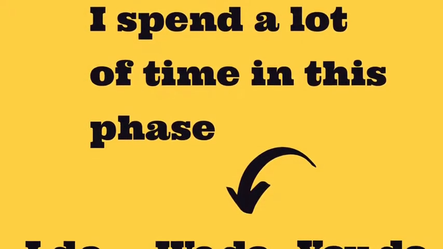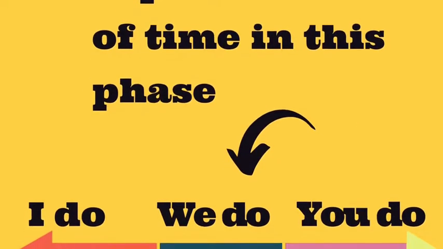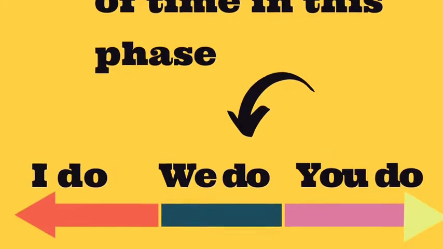You eventually move to we do, where you're doing things in conjunction with the student. Finally you get to you do, where the student can demonstrate the given activity or target sentence independently. But there are sometimes students where maybe you'll spend an entire lesson or multiple lessons in that we do phase, and that's perfectly fine.